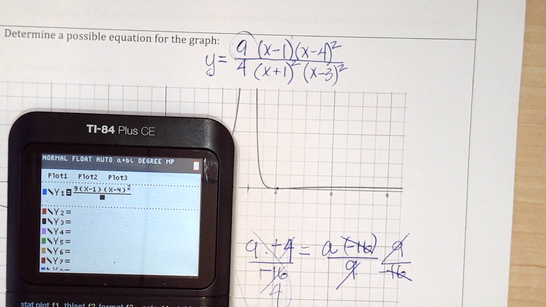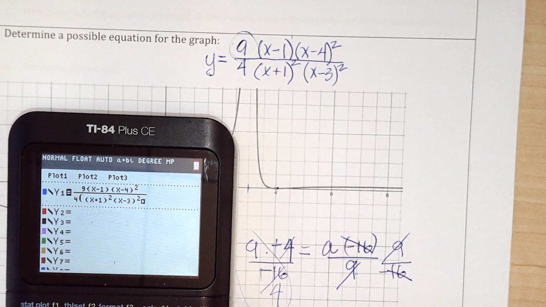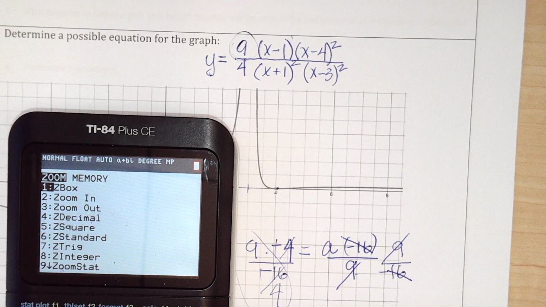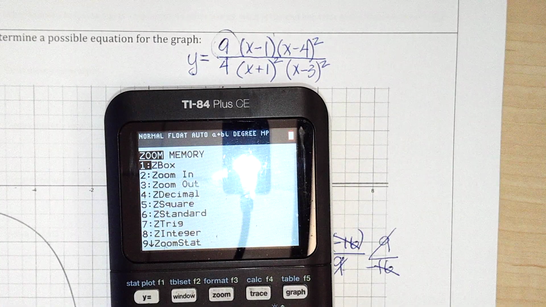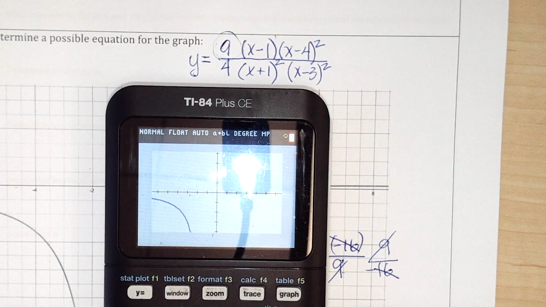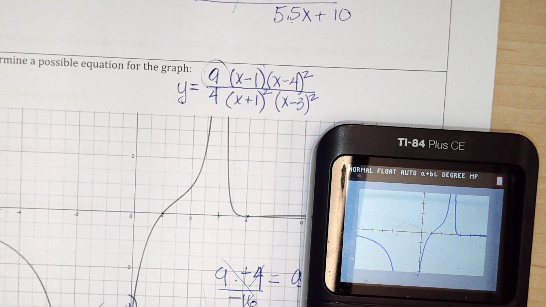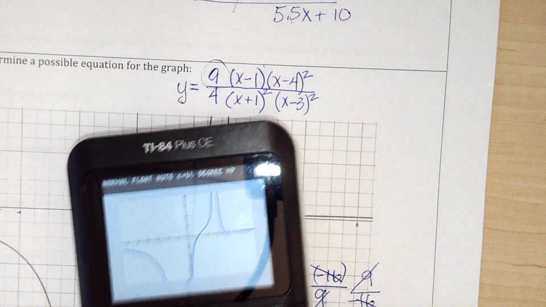In the denominator, I have a 4 parenthesis x plus 1 close parenthesis, that's squared, and a parenthesis x minus 3, and that one's squared. And let's zoom. Let's see how far. We'll try zoom forward to start with. And that looks pretty darn close to what we got. Okay.